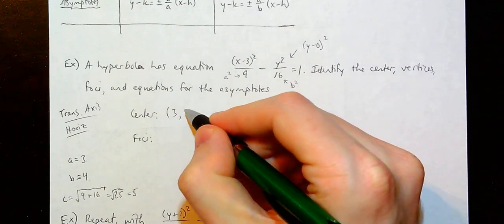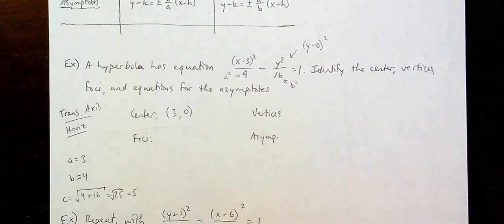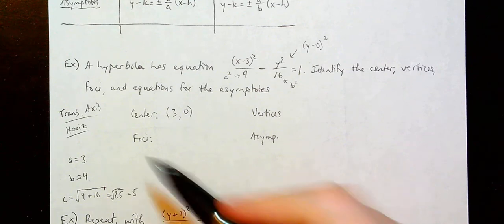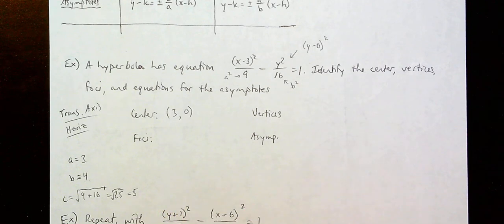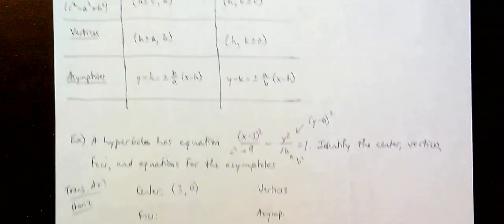Comparing those two, k has to equal 0. So now we have all the pieces of information that we need to figure out the other three key pieces of info: the foci, the vertices, and the equations for the asymptotes.